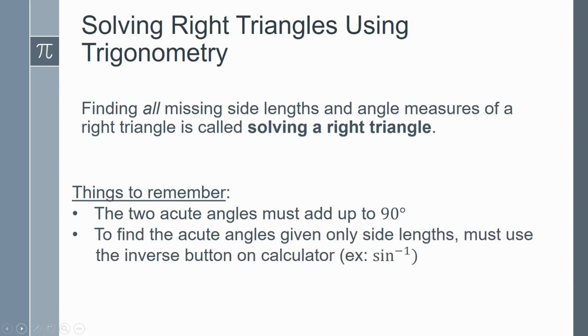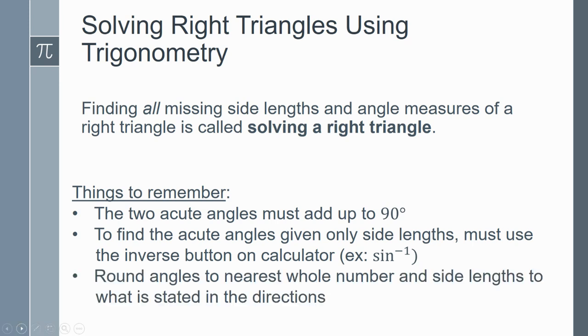We also have to remember, and we've practiced this before, that to find the measures of these acute angles, you have to use the inverse button on the calculator. So remember, you have to do like second sine or second cosine so you can get that little inverse button in order to calculate angles.